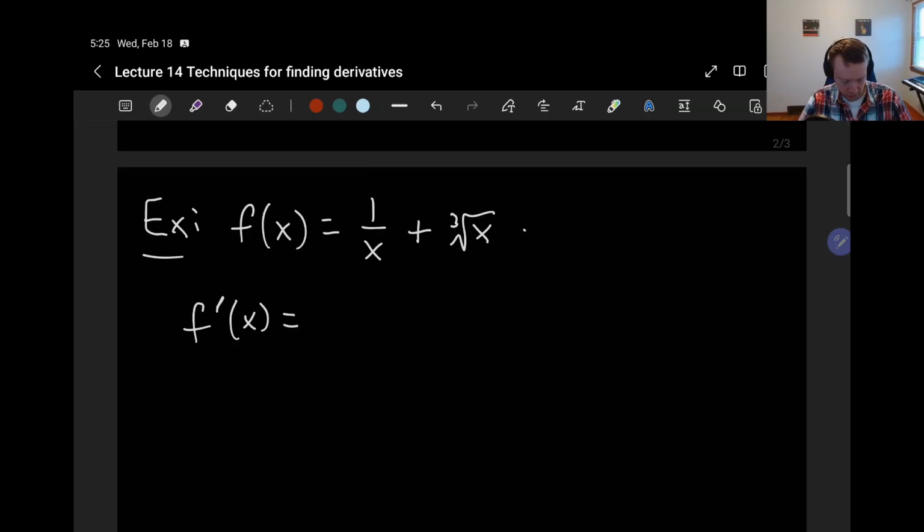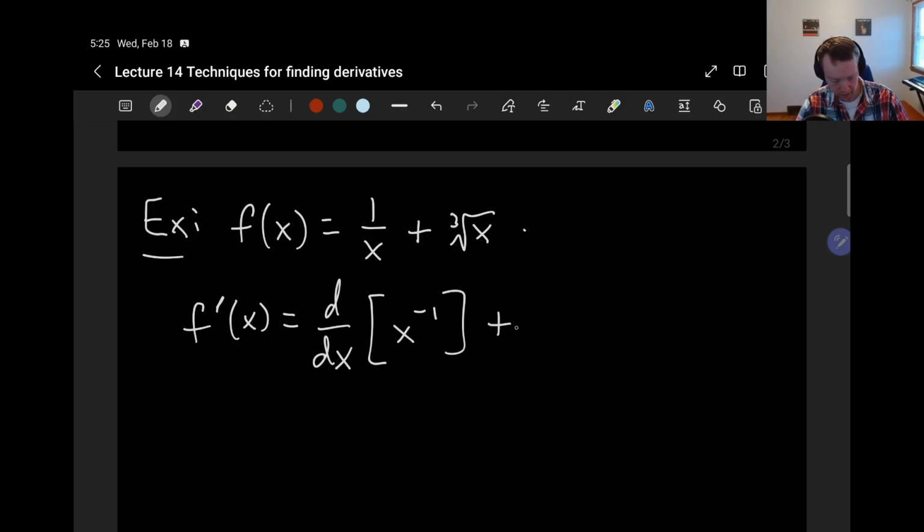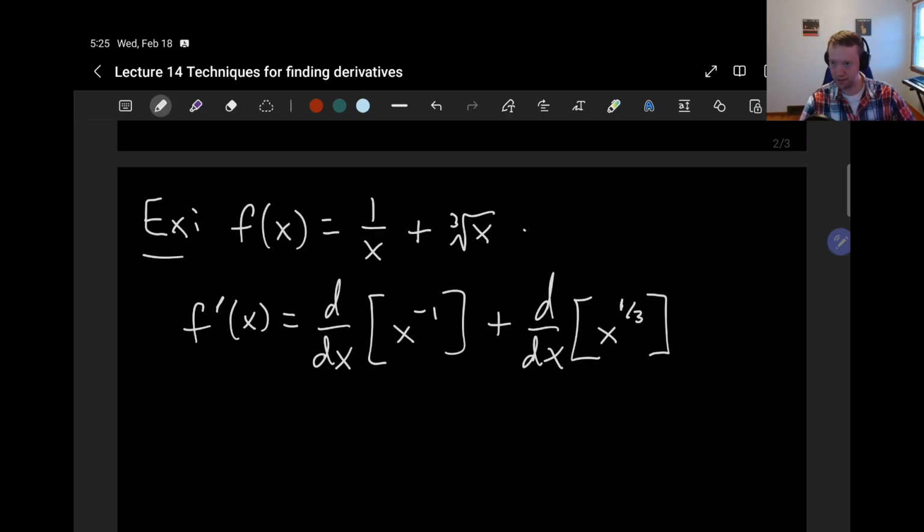And if we want to take the derivative, we want to rewrite both of these so that we can use power rule. Namely, think of 1 over x as x to the minus 1 power. And I'm just thinking of these as two separate derivatives, plus the derivative of x to the 1/3. That's the cube root of x. And now we're set up to do power rule.